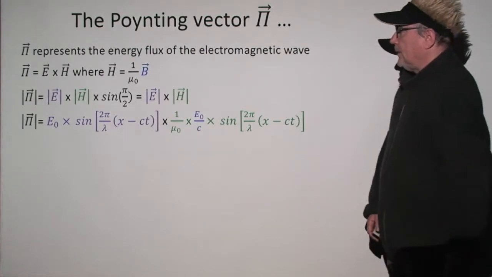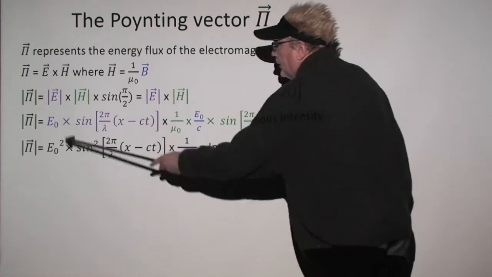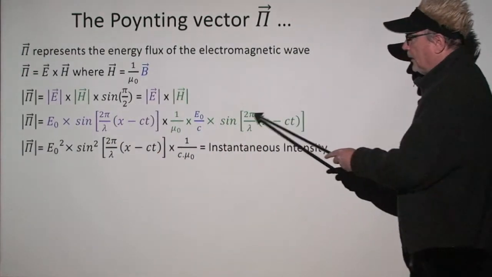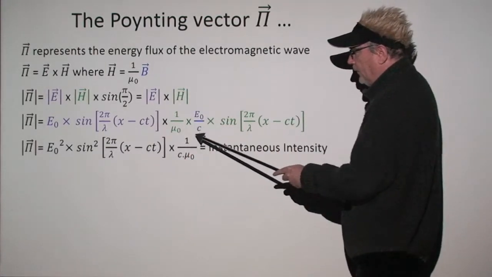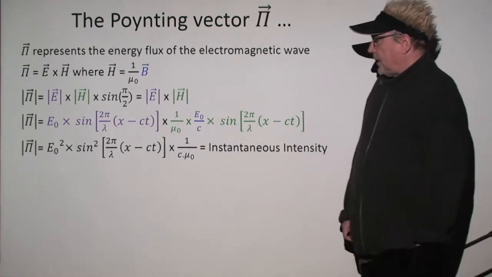And from that, we have E naught squared, then twice the sine, so the sine squared, multiplied by what remains here, which is 1 over c multiplied by mu naught.